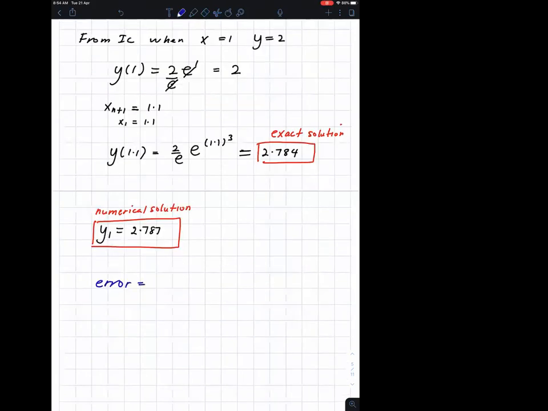Percentage error is your exact solution minus the numerical solution, divided by the exact solution, multiplied by 100. Got it, sir.